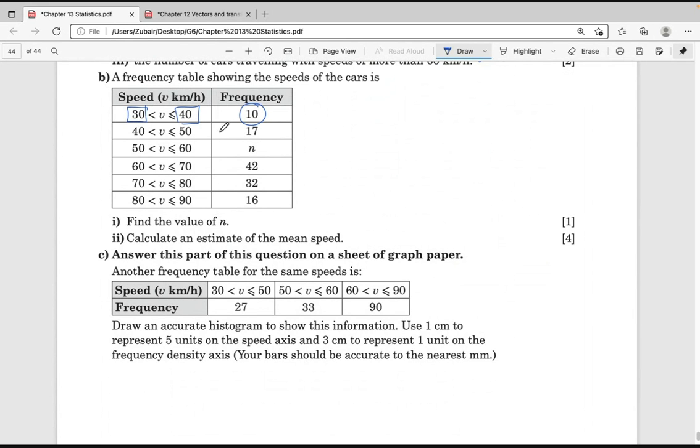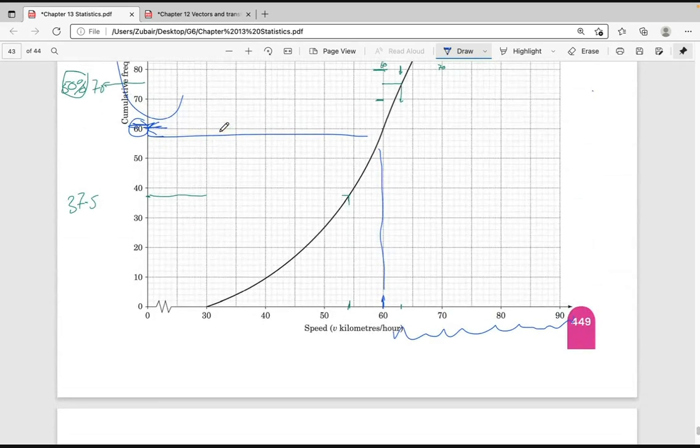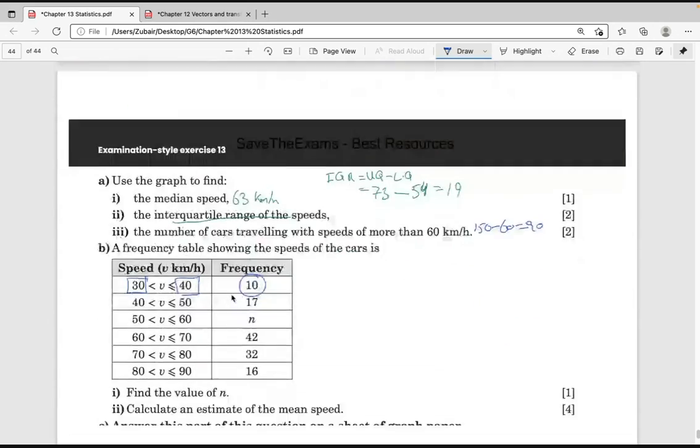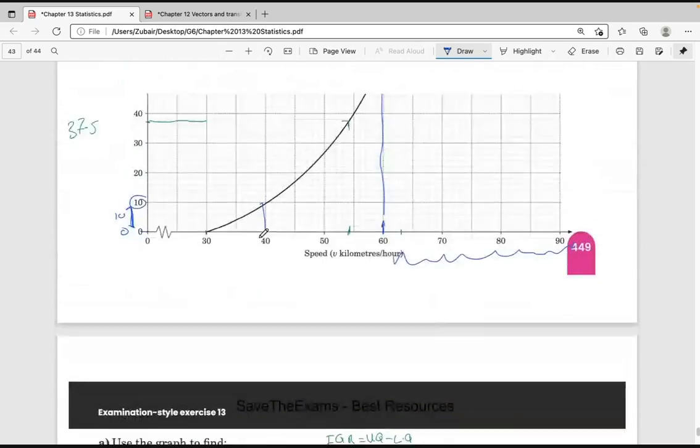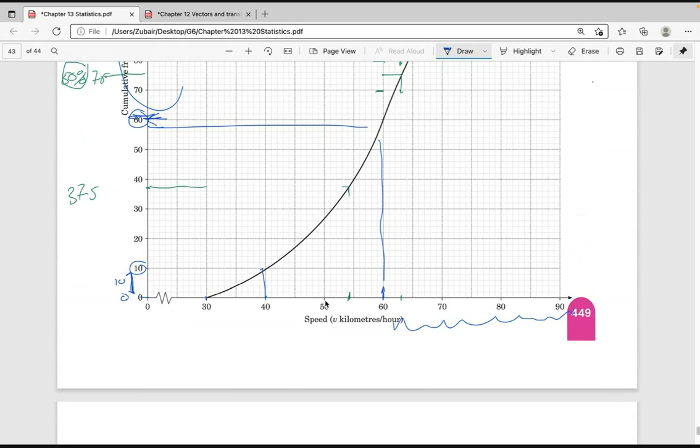I'm going back. So just read at 40, we get this 10. At 30, we get this 0. So what is the difference? 10. So between 30 and 40 is 10. Let's try one more. 50 and 40 is 17. So going back, when you read at 50, you get in between, and the next number was 40.